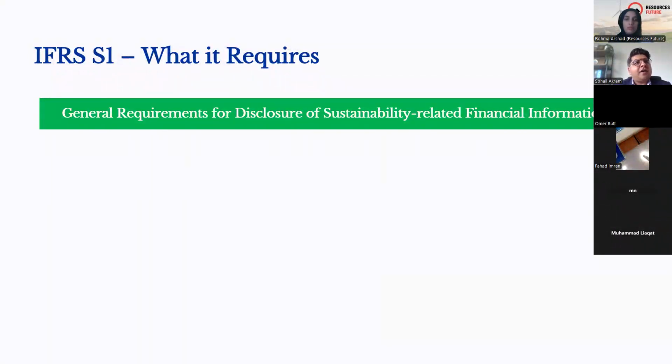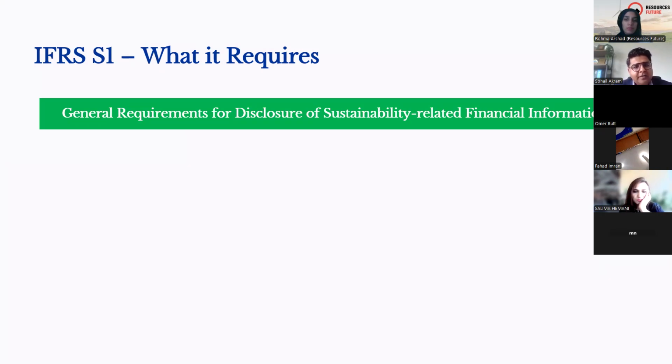So what does IFRS S1 require? The name of the standard is General Requirements for Disclosure of Sustainability-related Financial Information. As the name suggests, it's a general standard. It is an overarching standard. For those familiar with IFRS financial reporting, it is similar to IAS 1 and IFRS 18 as it establishes the core concepts and provides a framework for sustainability reporting.